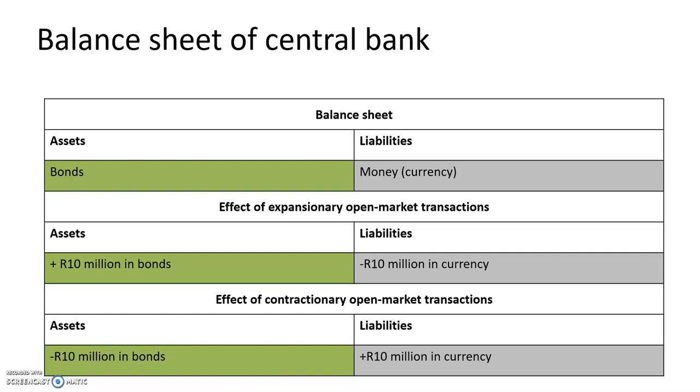If the central bank sells 10 million rand worth of bonds, both the amount of bonds held by the central bank and the amount of money in the economy are lowered by 10 million rand. Such an operation is called a contractionary open market operation because the central bank decreases or contracts the supply of money.